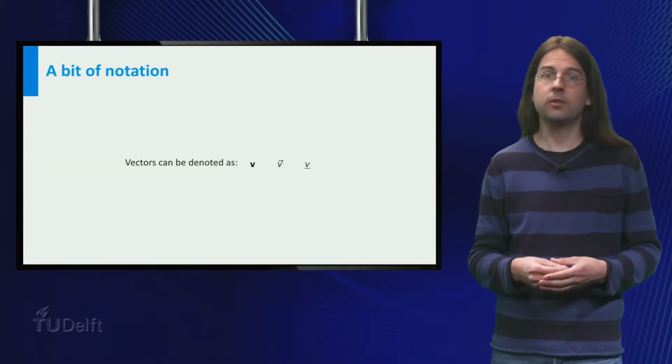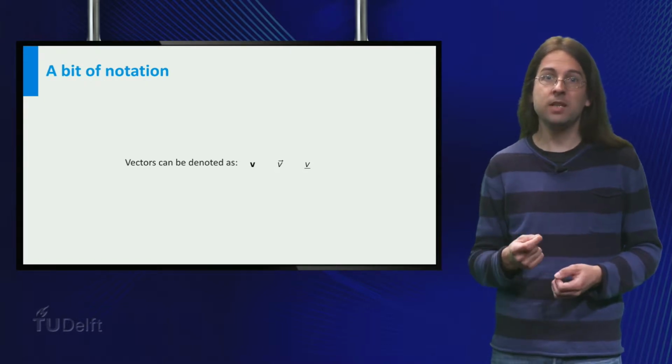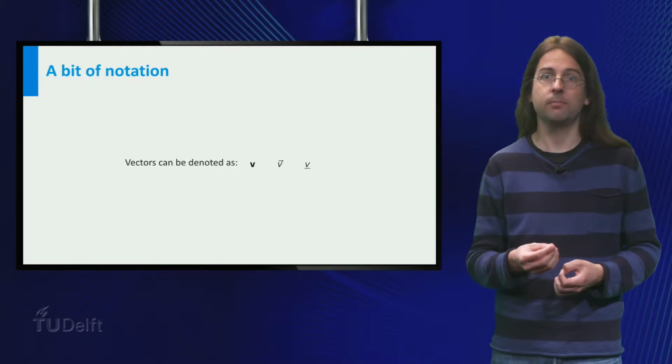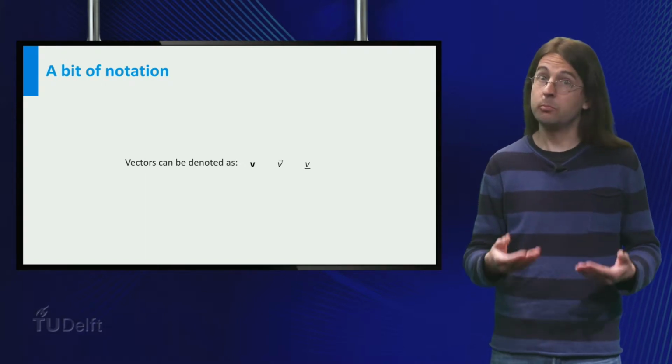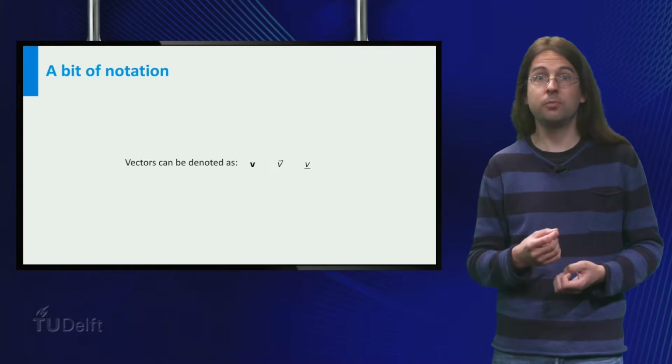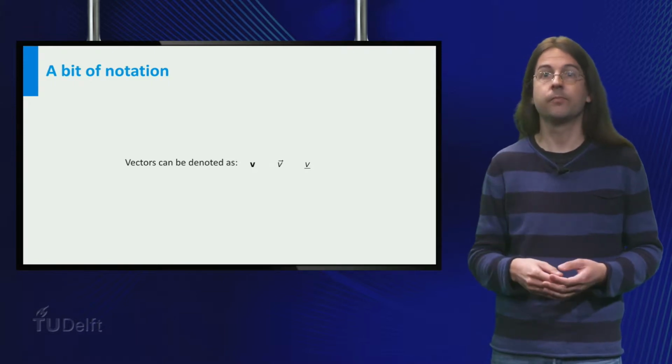First, a little bit about notation. As vectors are not numbers, we want to easily be able to distinguish between them. Thus, we typically use some sort of special notation to warn that we are dealing with a vector. In print, vectors are often printed boldface and upright, as opposed to italic.